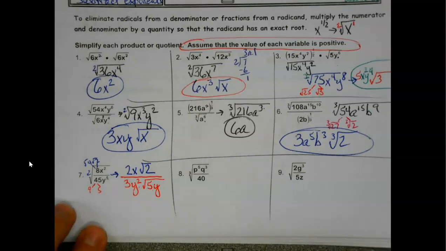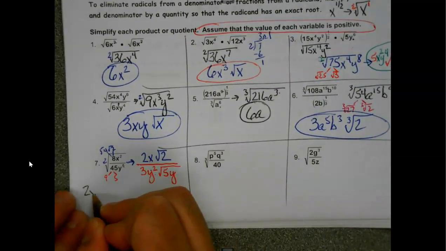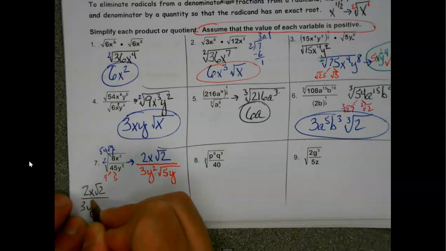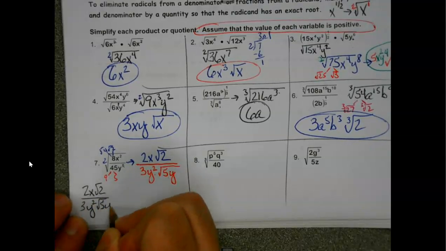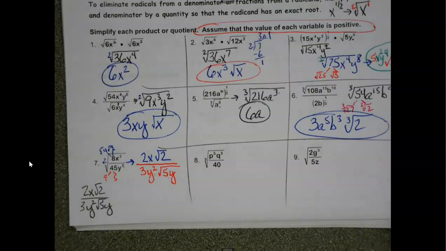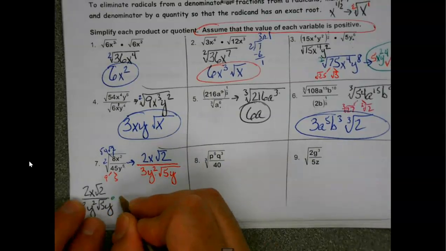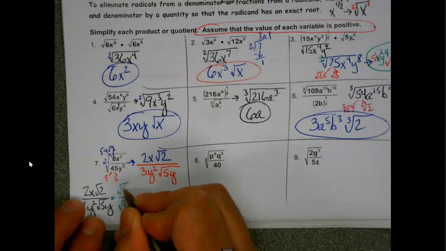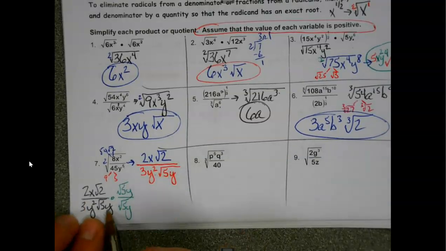So what we're going to do, I'm just going to rewrite this for a second because I need a little bit of room here. Whatever this radical is, if it's a square root, square roots aren't hard to deal with. We're going to multiply the numerator and denominator by whatever that radical in the denominator is.